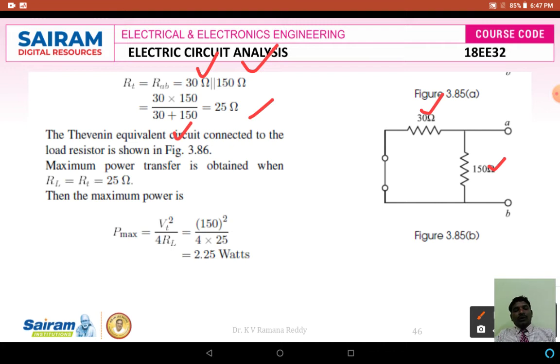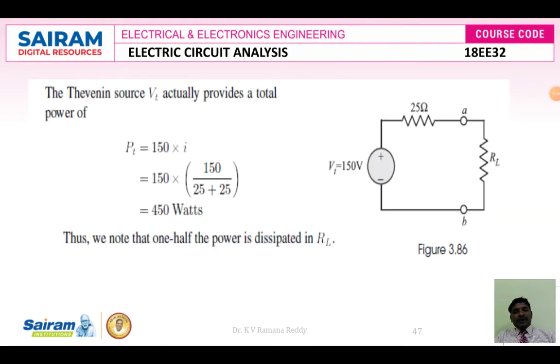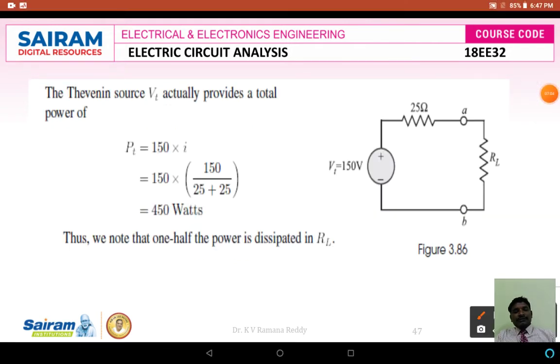Now I know the equivalent circuit of the maximum power transfer theorem. According to it, the Thevenin's voltage is equal to 150 volts, and the Thevenin's resistance is 25 ohms.